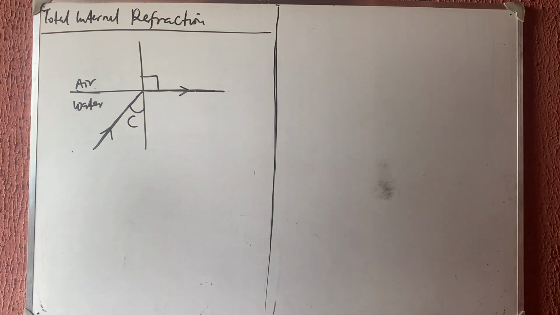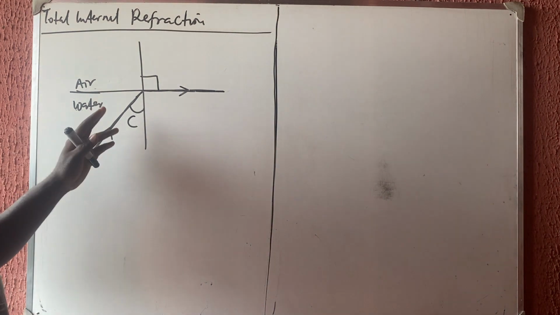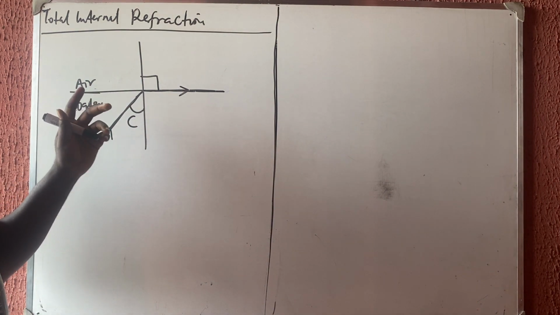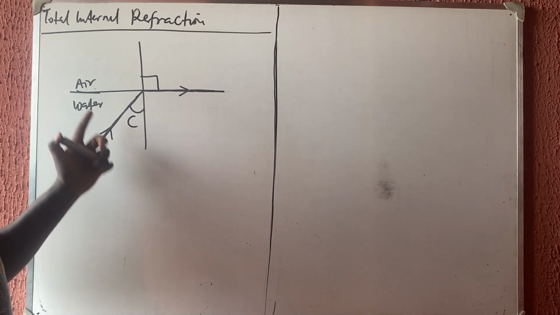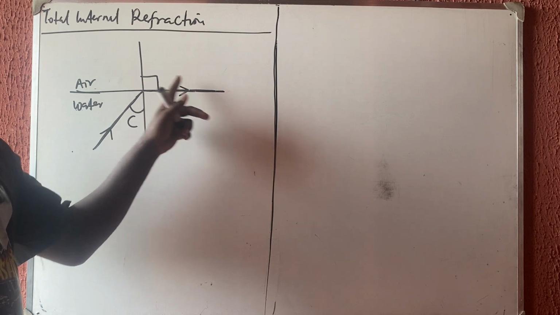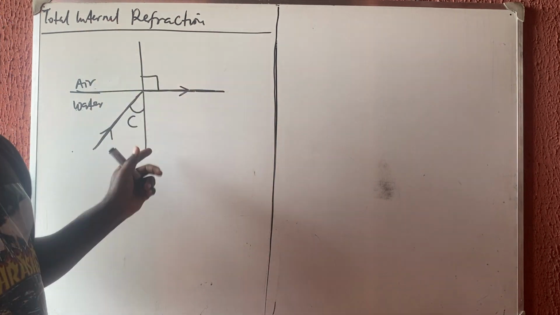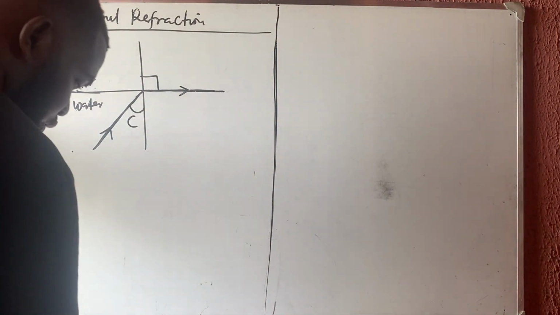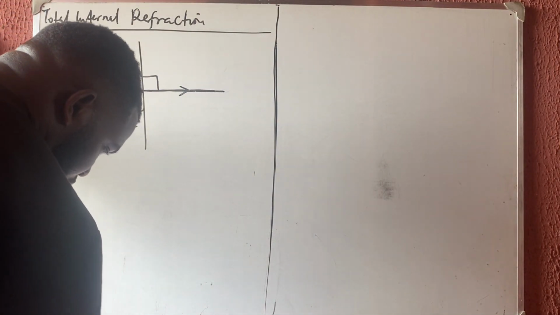So the critical angle is the angle of the incident ray of light that passes from the denser to the less dense medium, that makes the refracted ray to be at right angle to the normal. Find a way to write your own definition, but from what I just explained, you will know what I'm trying to talk about.